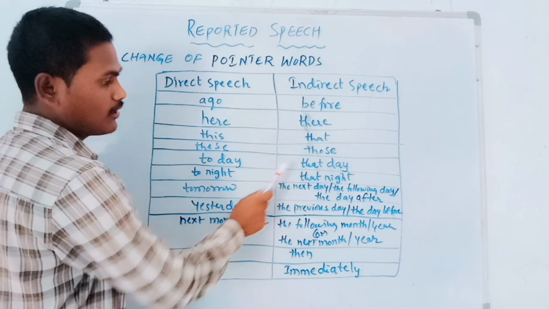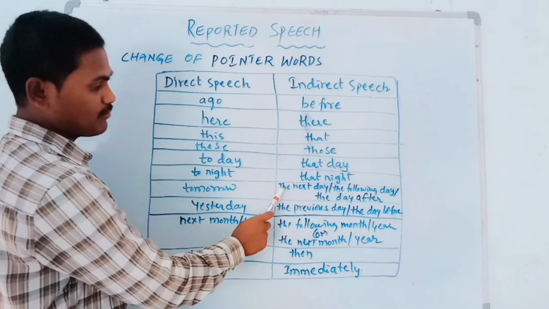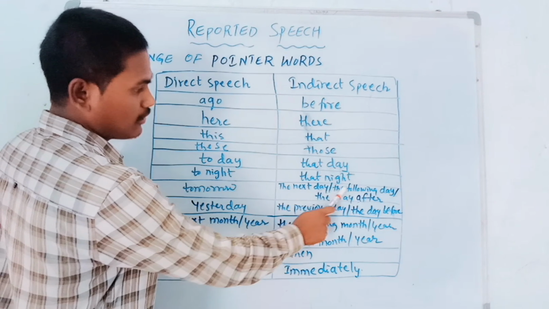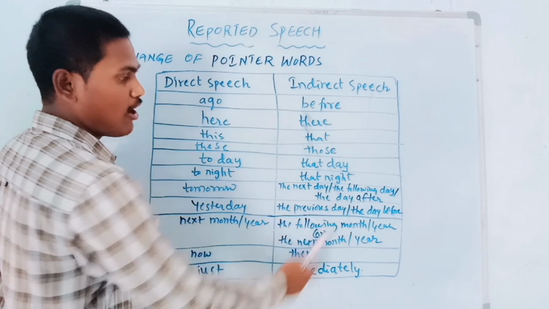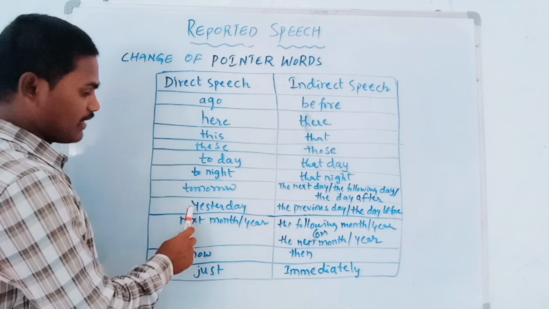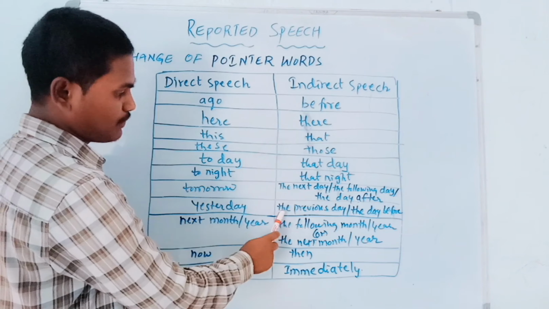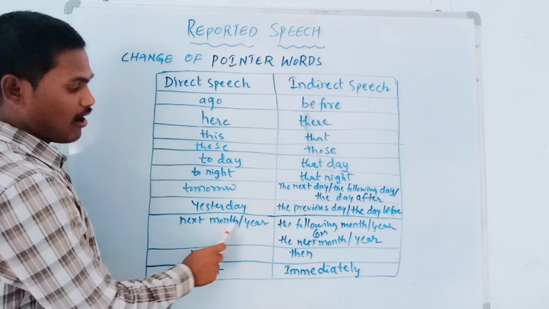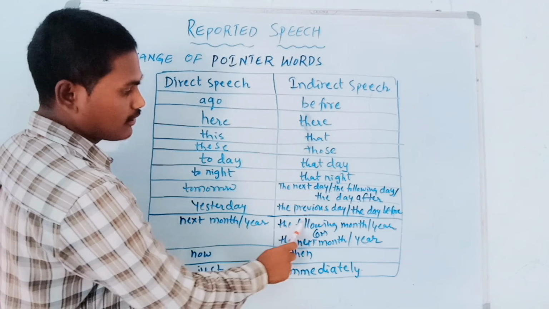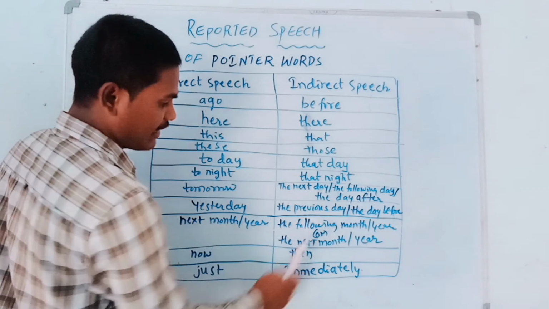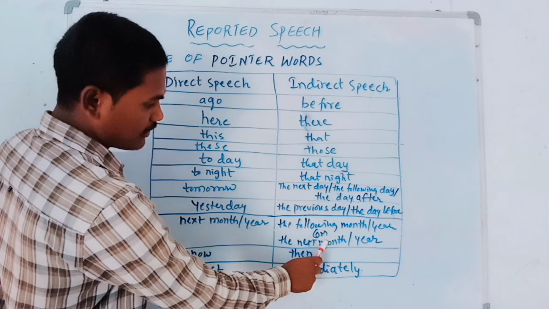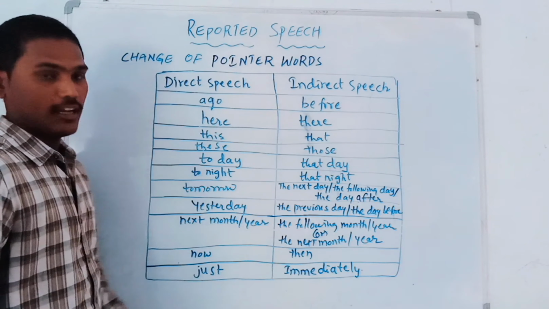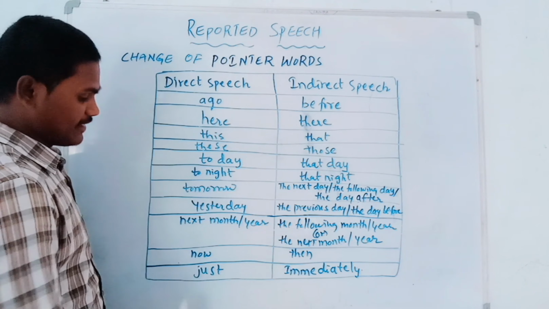Tonight becomes that night. Tomorrow becomes the next day, or the following day, or the day after. Yesterday becomes the previous day or the day before. Next month or next year becomes the following month or the following year, or the next month or the next year.